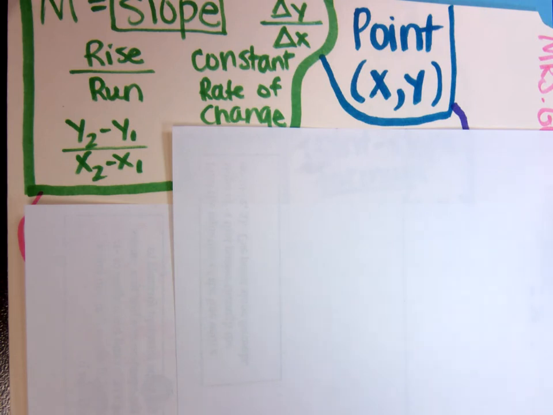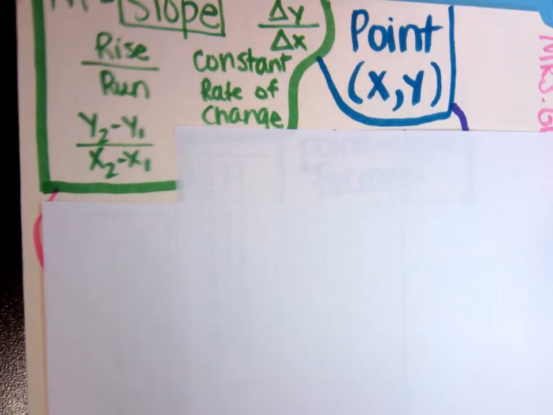A point is (x, y) in parentheses. You're putting this on your folder. Just a point that's x and y.